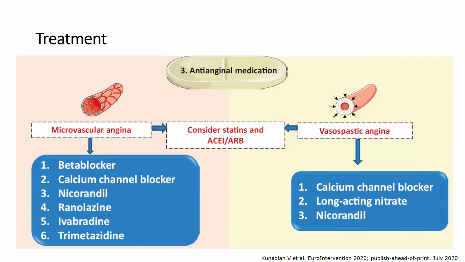And when I have a patient with positive acetylcholine test regarding the microvascular dysfunction, so we have a spasm less than 90%, but we have a chest pain or ECG changes during the test, I can diagnose functional disturbance in microcirculation, and in this patient, I prefer calcium channel blockers, like in patient with vasospastic angina.